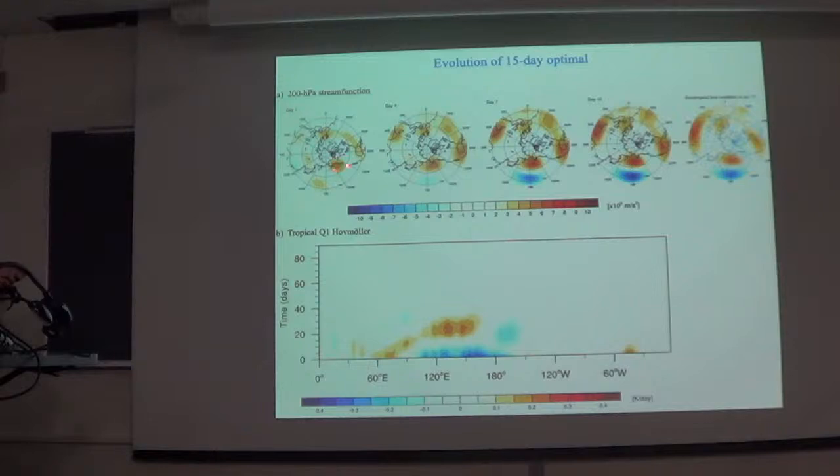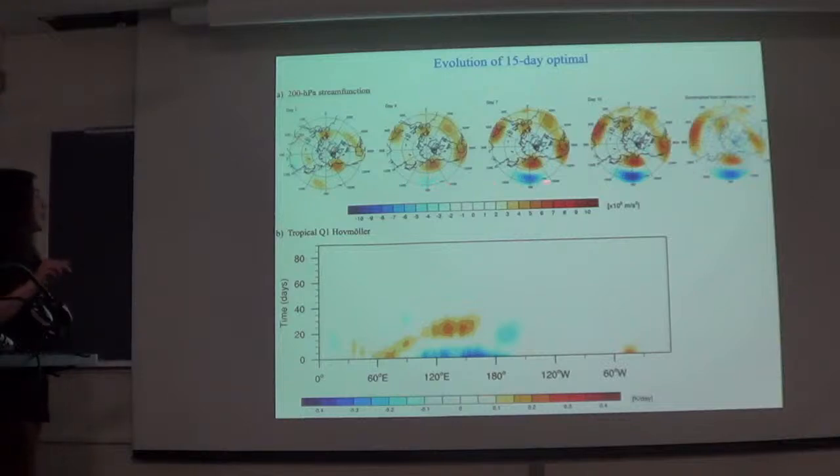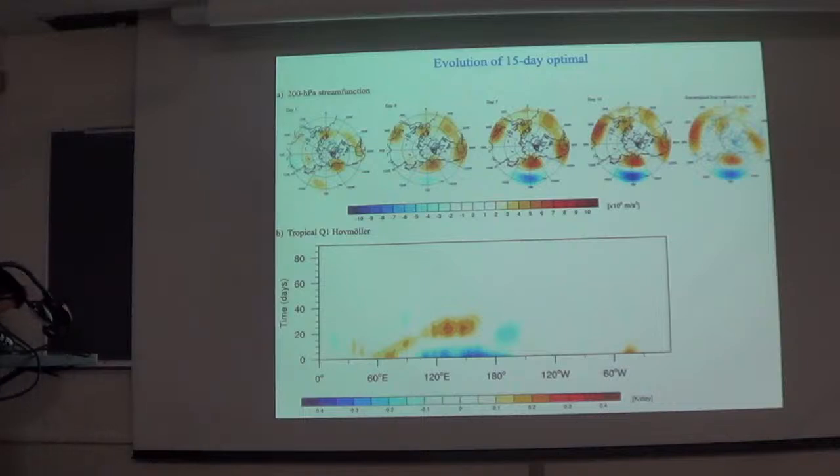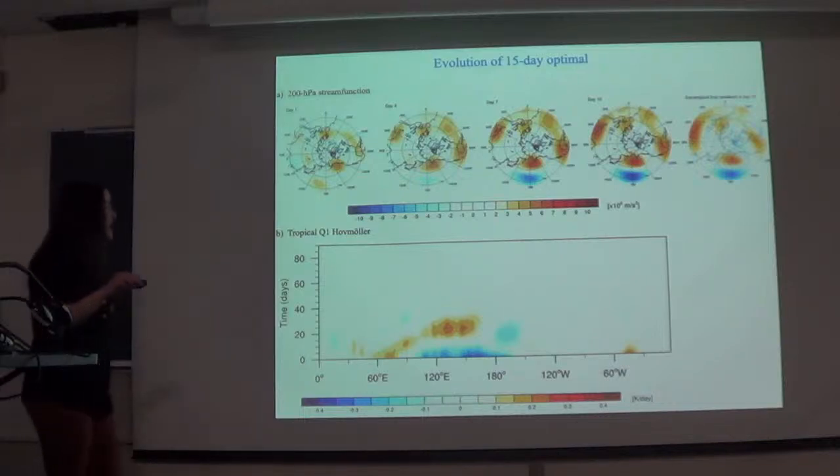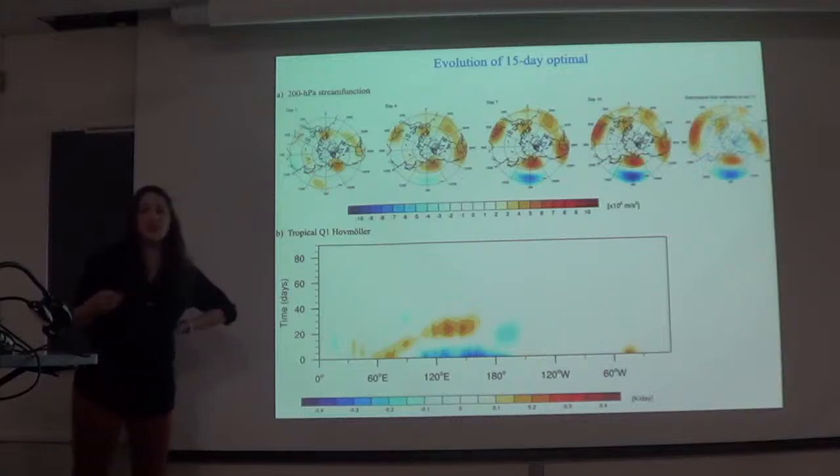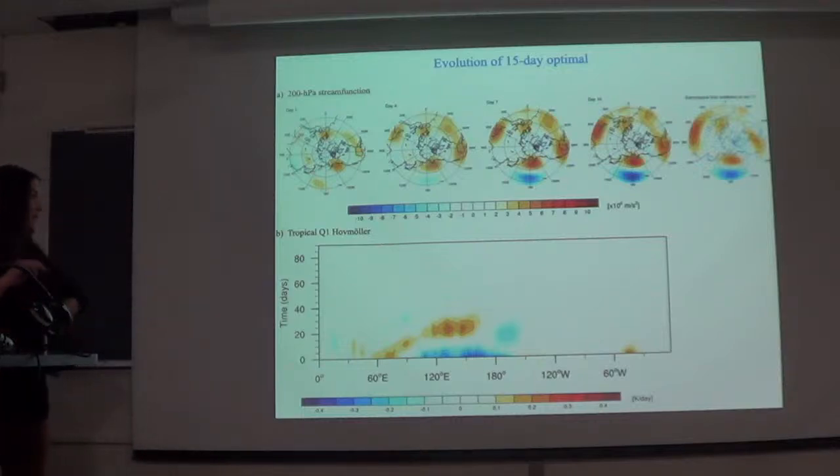This is day 1, and then it retrogrades to become part of that final PNA pattern. We also see the cyclonic anomaly that develops and grows within the subtropical Pacific. So it's a very similar evolution to what we saw earlier, which tells us that a lot of that is largely driven by uncoupled variability and not by ENSO.